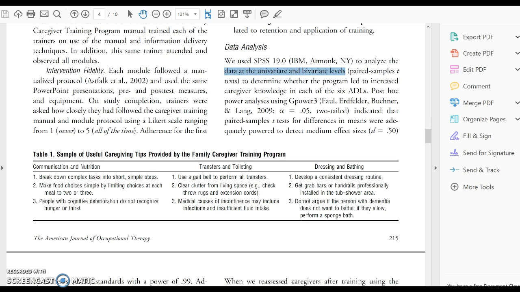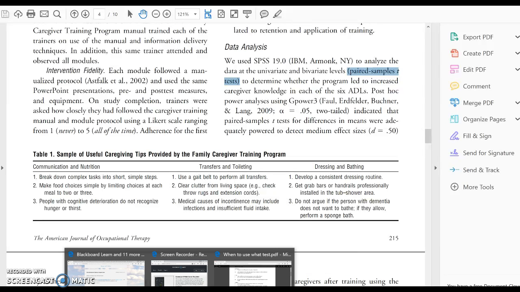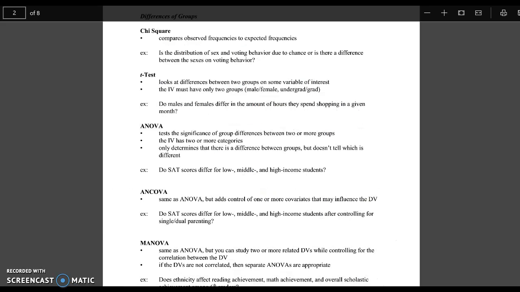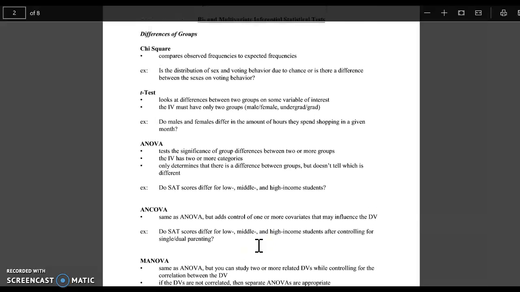All right. Now, paired samples t-test. What is a paired samples t-test? Well, let's talk about what a t-test is first and foremost, okay? And I'm going to keep referring back to this little handy dandy chart that I provided you because it's a great tool.